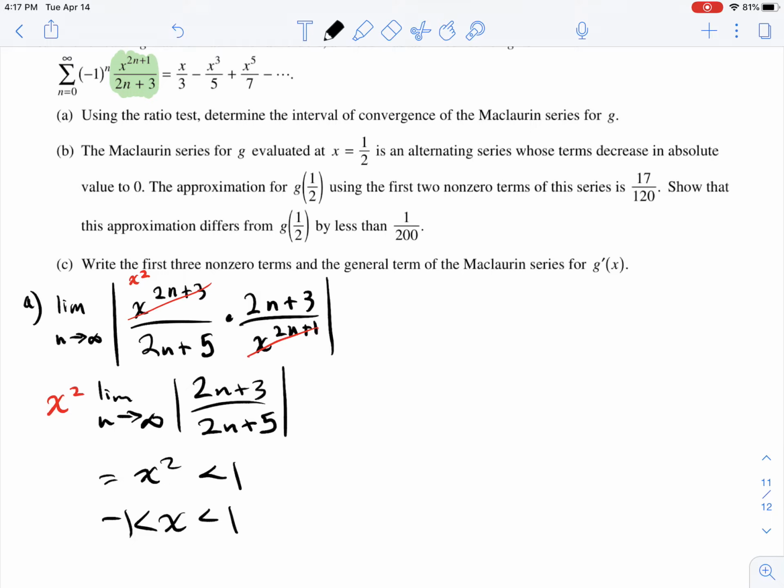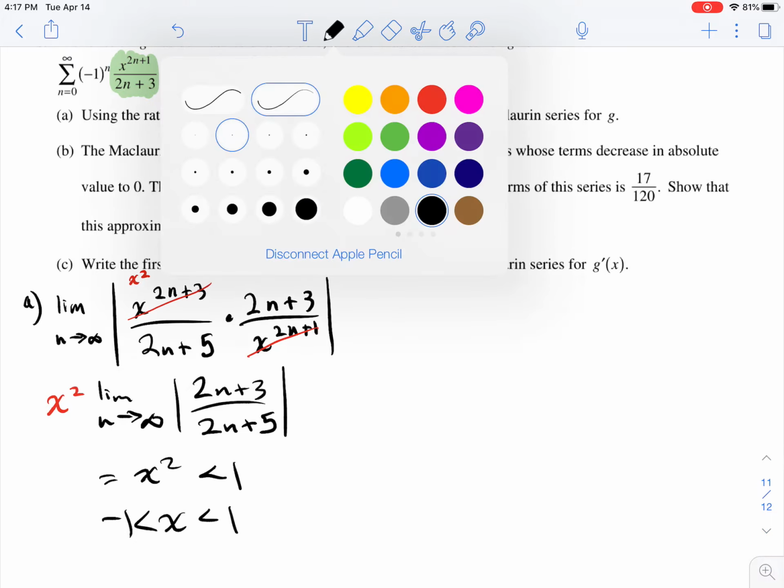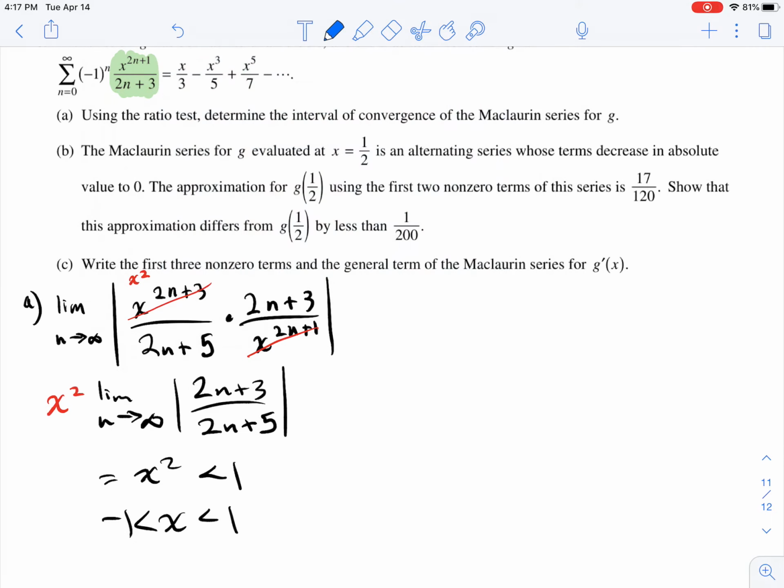Now, the next thing we need to do for our interval of convergence is to actually test the endpoints. So let's just switch colors here so it's clear that we're working on different endpoints. So let x be equal to -1. And when x is equal to -1, that means we're looking at the summation of (-1)^n times, well, let's plug in -1, not x, (-1)^(2n+1), all of that over 2n plus 3.